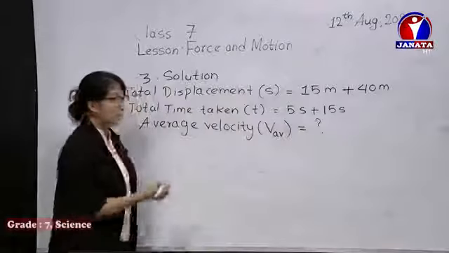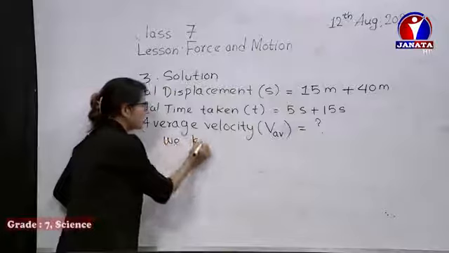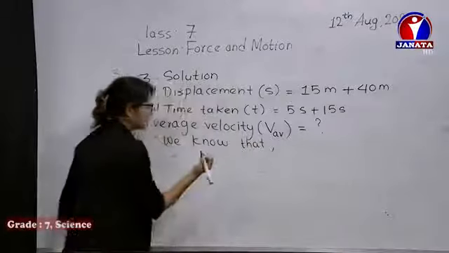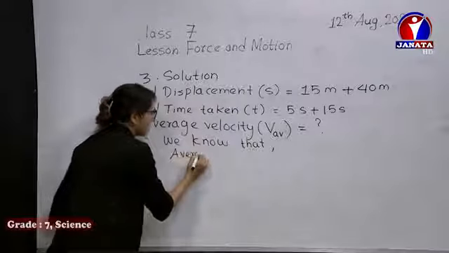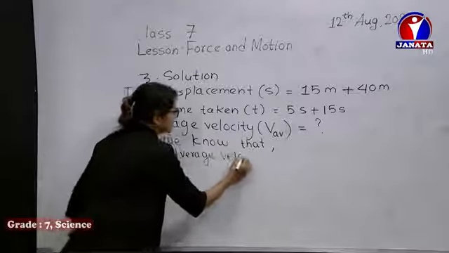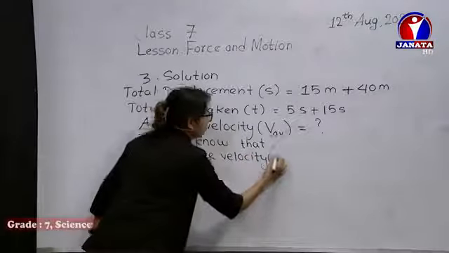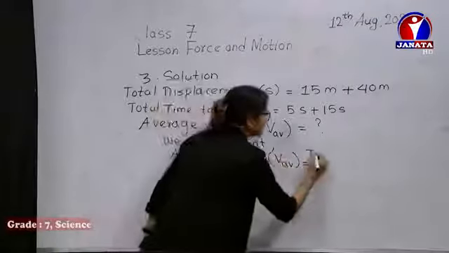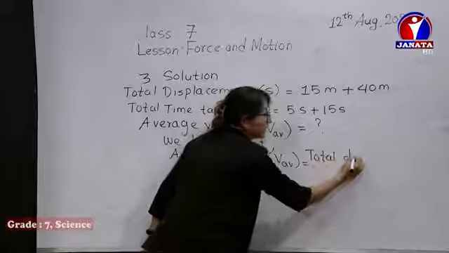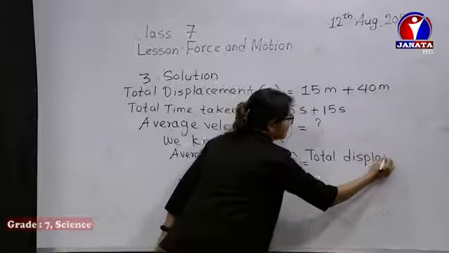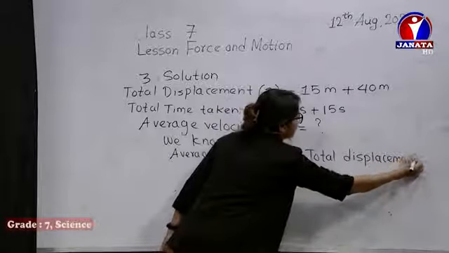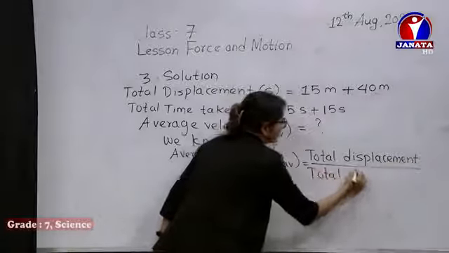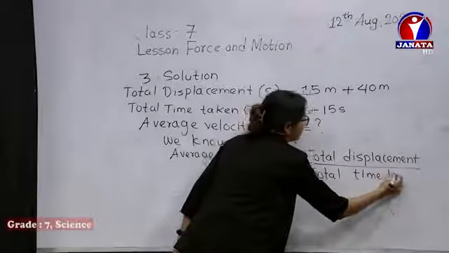Now we know, as we studied before, we revised it, that average velocity VAV is equal to total displacement by total time taken.